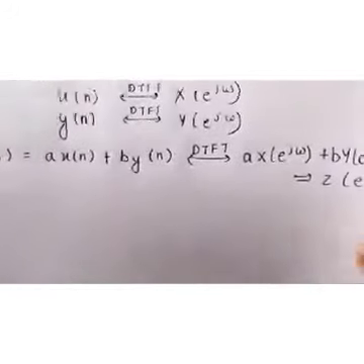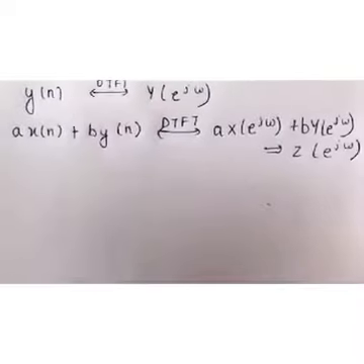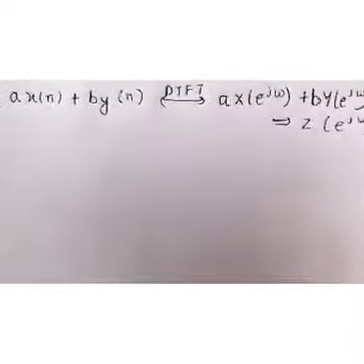So if the input is a weighted sum of one or more signals, then the output is a weighted sum of responses of the individual signals.